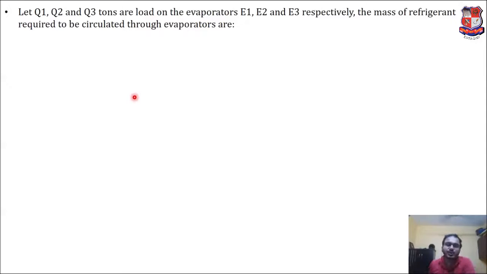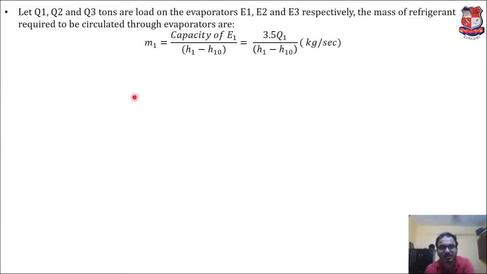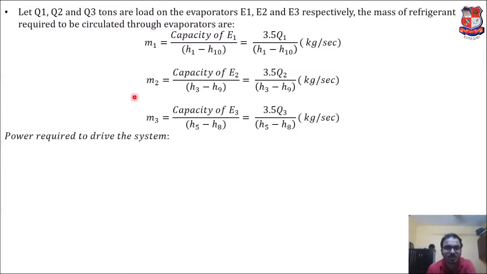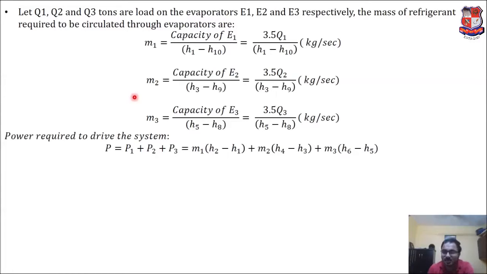Now let Q1, Q2 and Q3 tons be the loads on evaporators E1, E2 and E3 respectively. The mass of refrigerant required to be circulated through each evaporator is given by these usual formulas. The power required to drive the system is the summation of 3 powers, as now we have 3 compressors. So P is equal to P1 plus P2 plus P3.